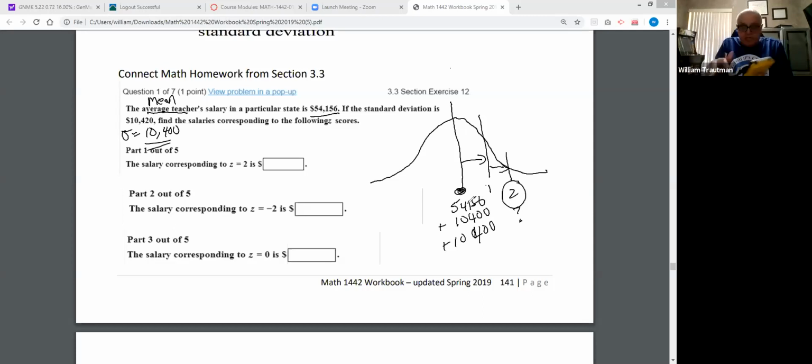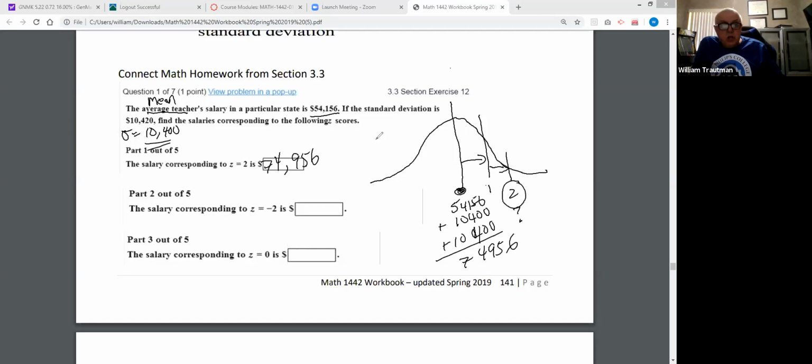So when I put that in my calculator, 54156 plus 10,400 plus 10,400, I get a salary of 74,956.